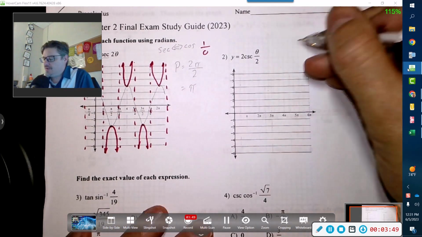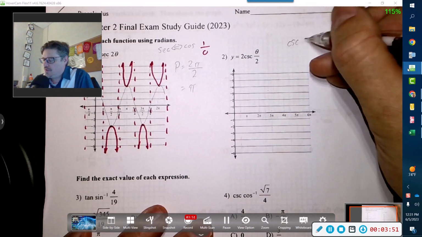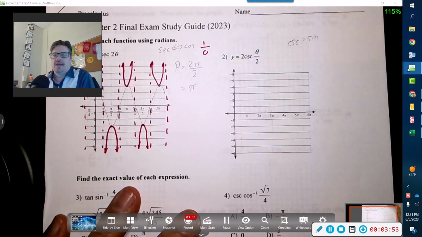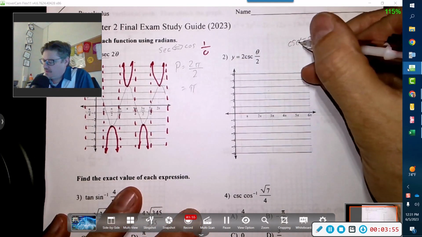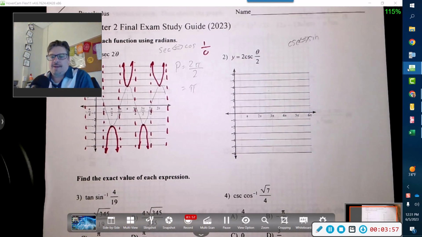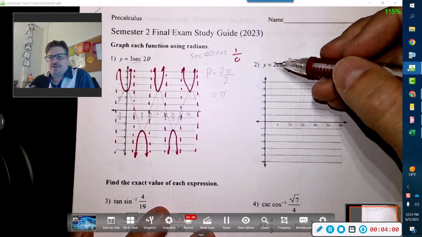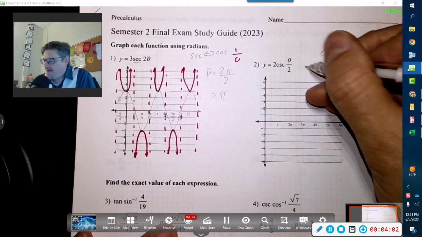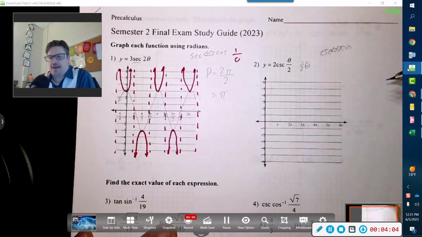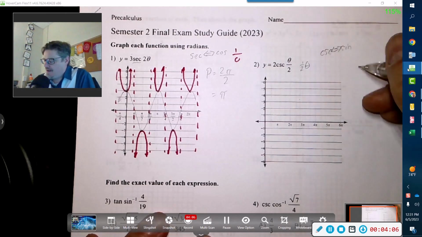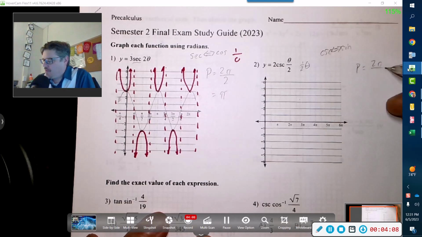Now here's cosecant. This is going to be related to sine. So I shouldn't put equals; I'll just say they're related to each other. Now this has a 2 for an amplitude, but then it has a 1/2 theta. That means when I figure out my period, it'll be 2 pi over 1/2, which equals 4 pi.